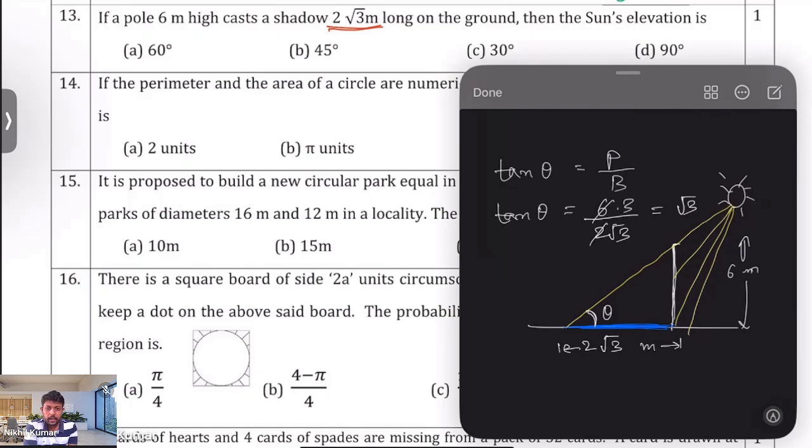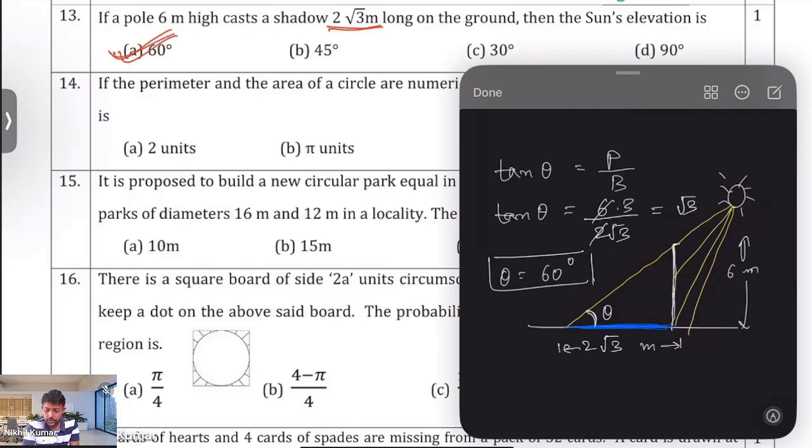I hope you all can calculate this. Okay, 3 can be written as root 3 times root 3. So in the numerator we'll have root 3 times root 3. In the denominator we have root 3. 1 root 3 will get cancelled and we'll be left with root 3. When is tan theta equal to root 3? When theta is equal to 60 degrees. So this is our answer.